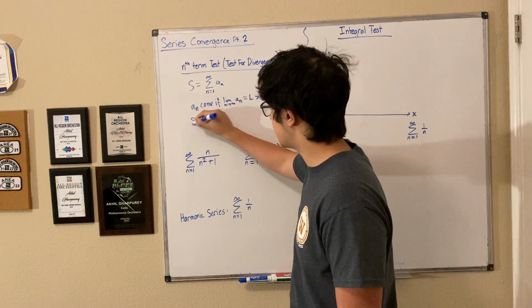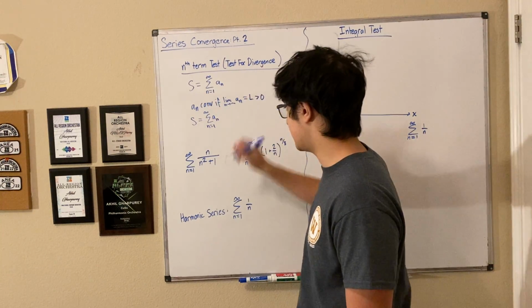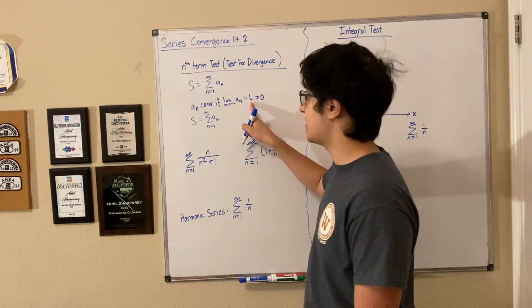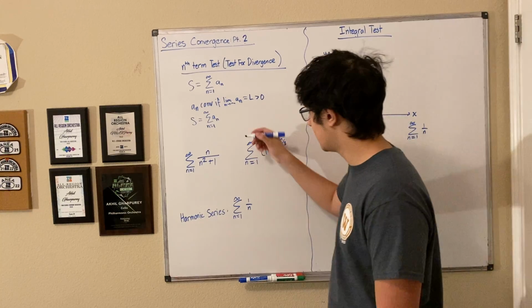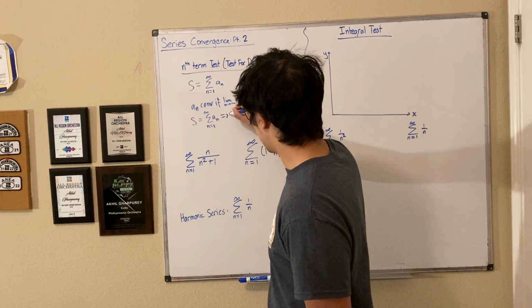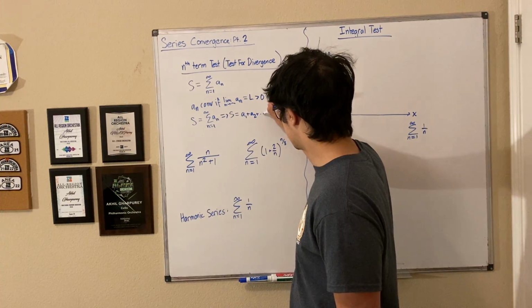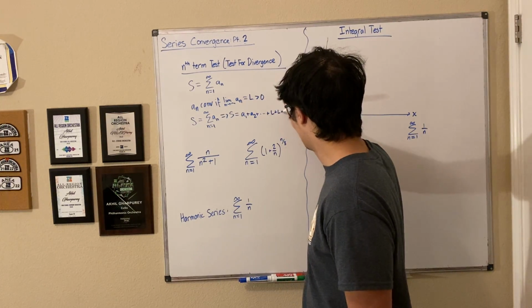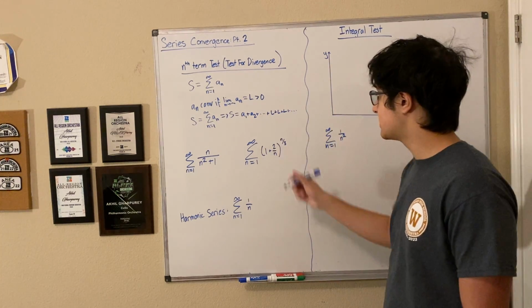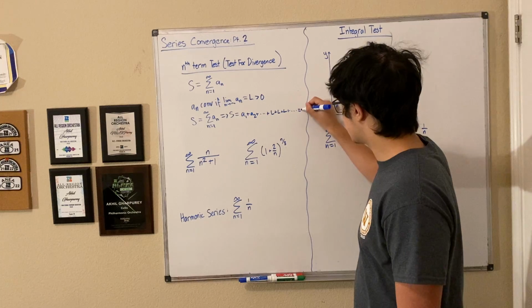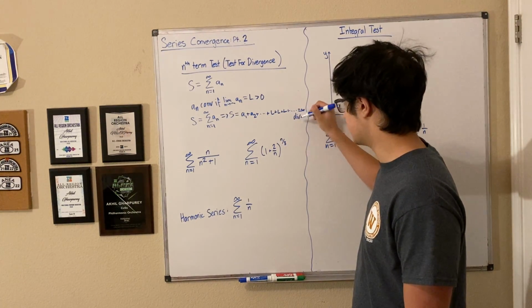If we took the series from 1 to infinity of a sub n, and we had the idea that a sub n is equal to L, which is a non-zero positive term, therefore, S is going to be some terms, so on and so forth, plus L plus L plus L. And this is going to go on forever. So what we say is that this is going to approach positive infinity, which means that this series diverges.